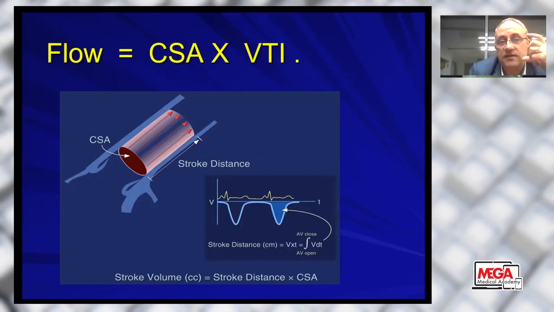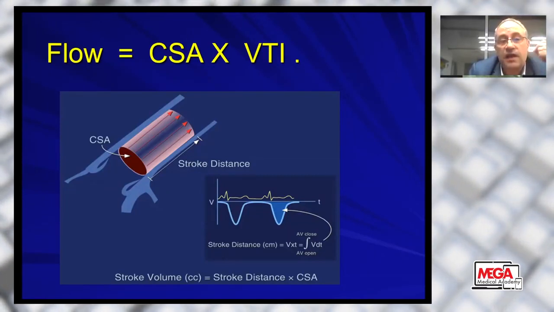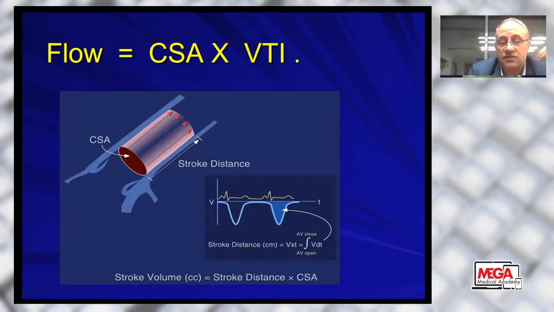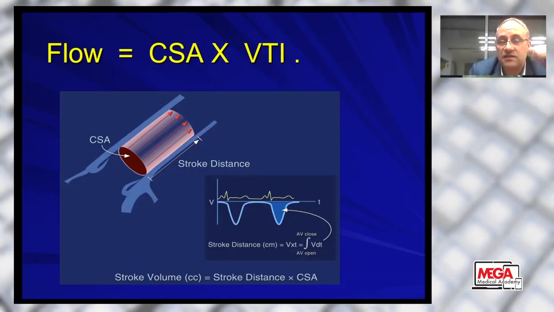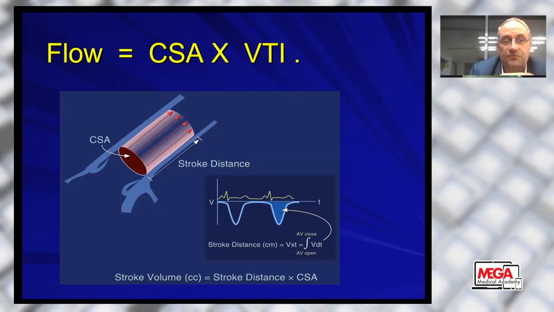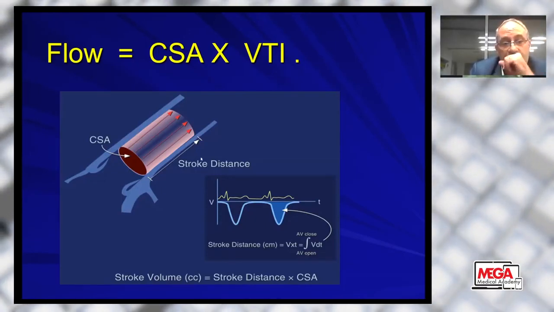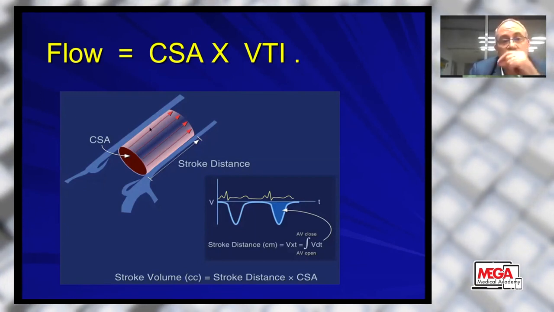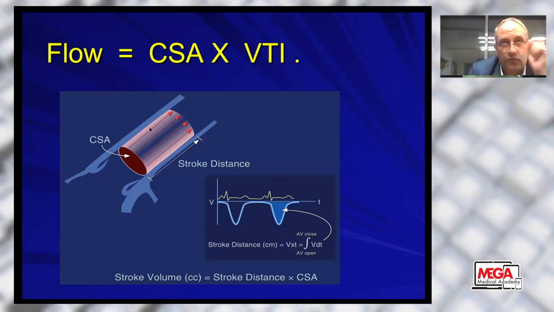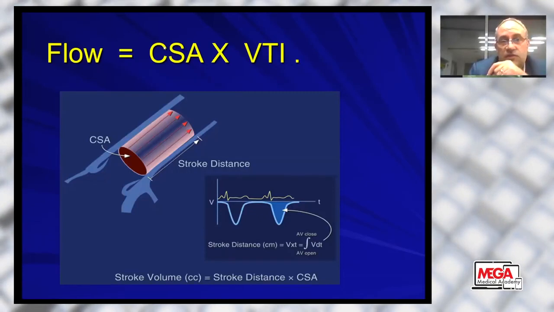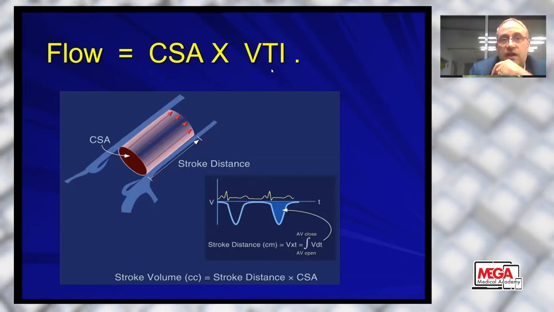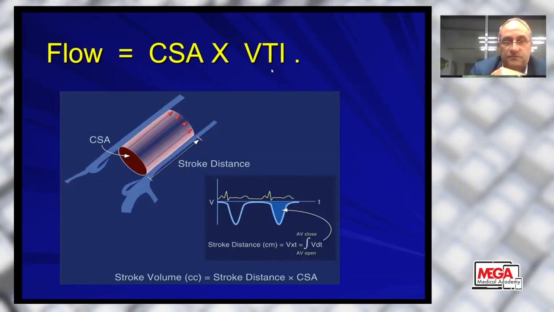So it is a distance in centimeters that expresses the average distance one blood cell is ejected during the cardiac cycle. So when I speak about the human body and flow across any orifice, it equals cross-sectional area times velocity time integral.